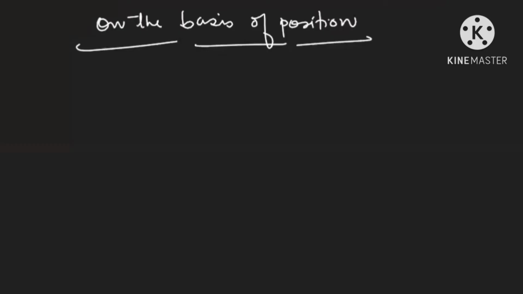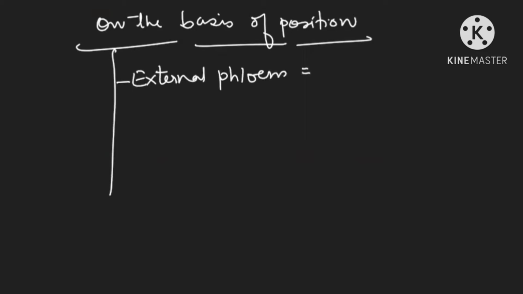Next classification of phloem is on the basis of position. First is external phloem, which is normally present outside the xylem.